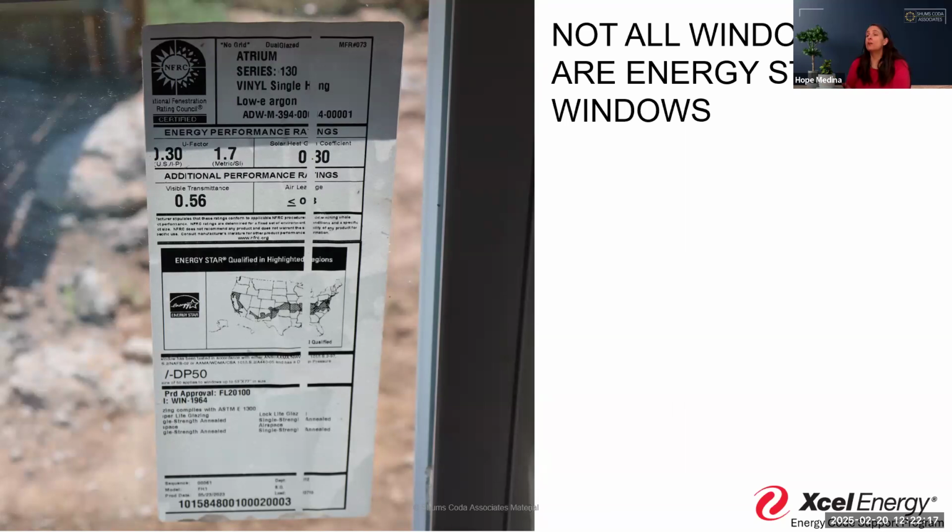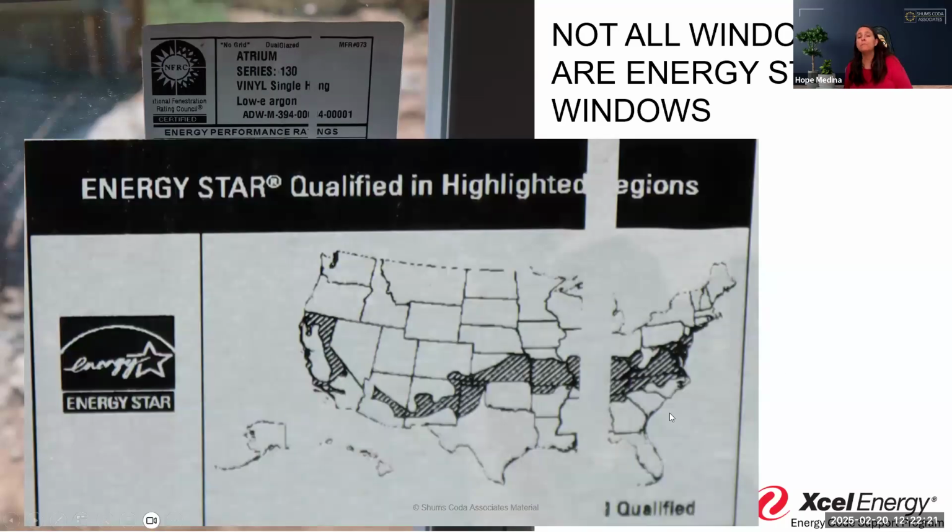But if it's an Energy Star window, it's going to show this. But what it tells us too is if we look at the shading of these, the region, that shading is the only locations that this window is considered to be an Energy Star window.